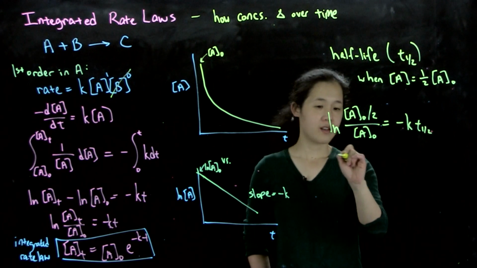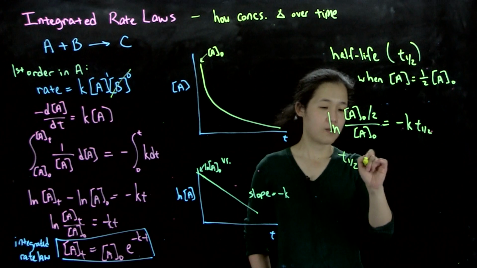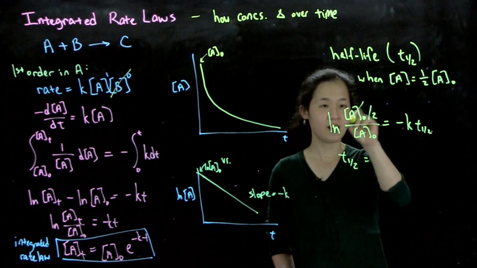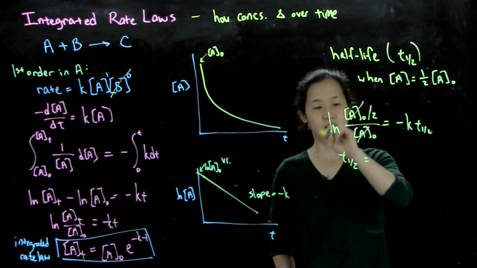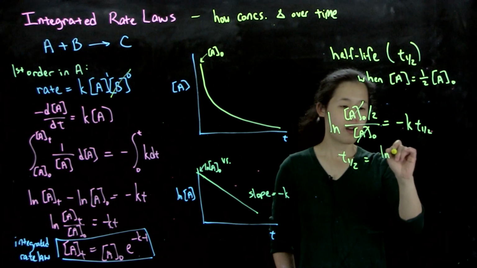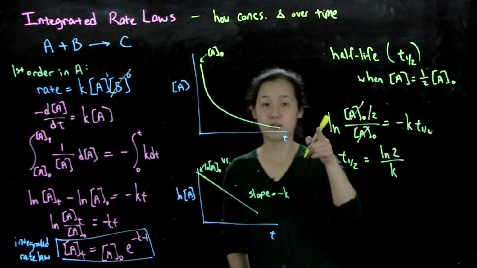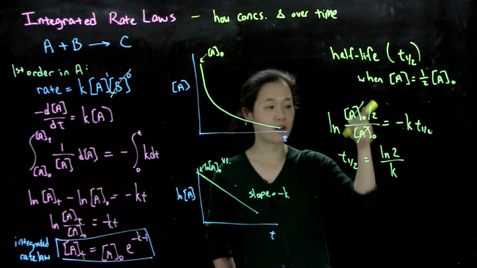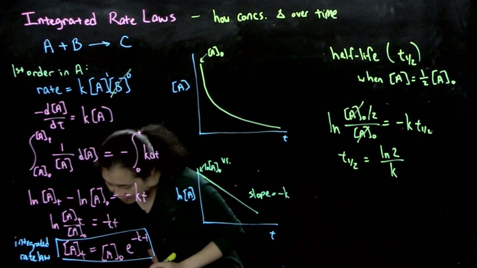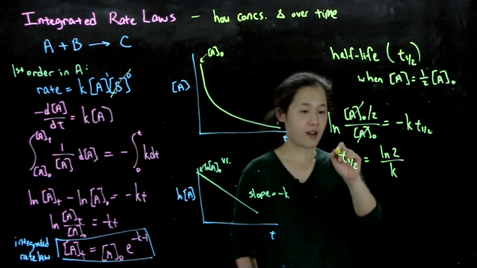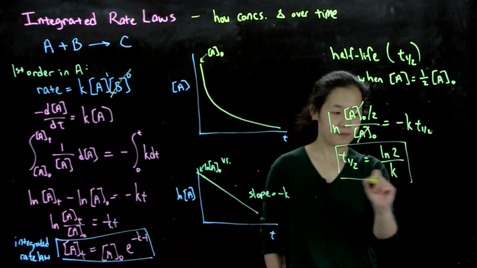And therefore T1/2 equals, this crosses out, this negative moves to the other side, so this will be natural log 2 over K. Remember, negative log is going to be 1 over this, so that's why the 1/2 turns into a 2. As a result, this is our half-life for our first order reaction.